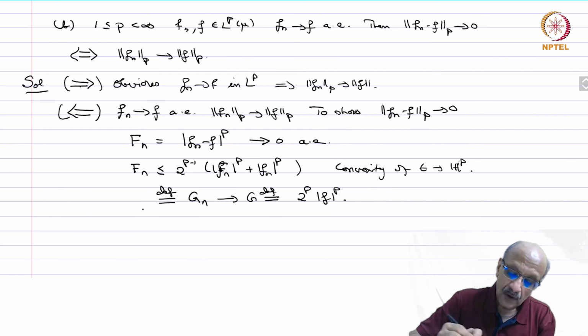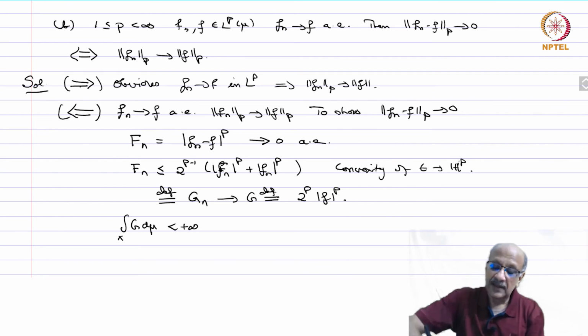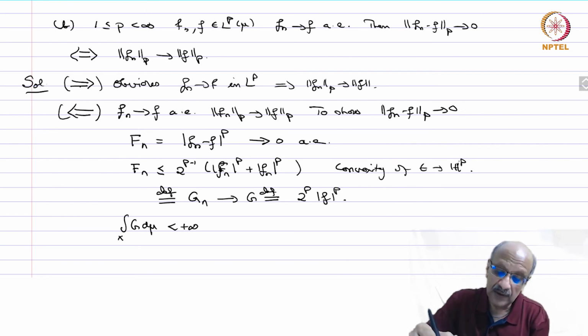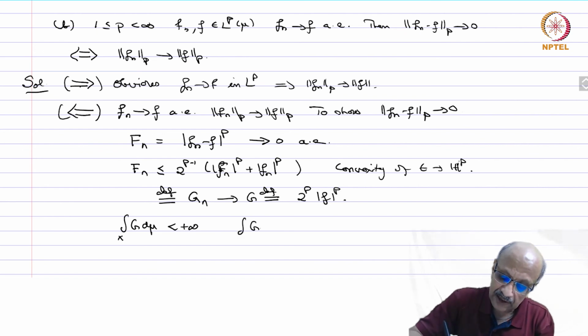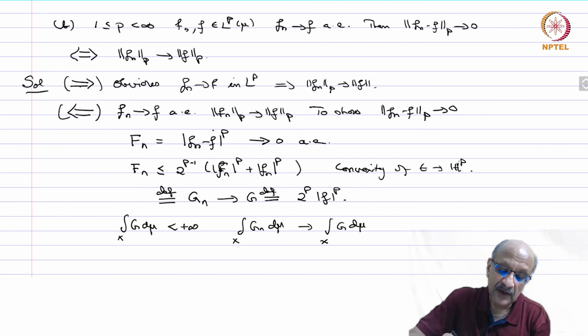And also you have that integral of G d mu is finite, because the integral of G is just 2 power p times the integral of f power p, and f is in LP, so we are using that information. Also, the integral of Gn d mu over x goes to the integral of G d mu over x, and that is precisely where we are using this part of the hypothesis.